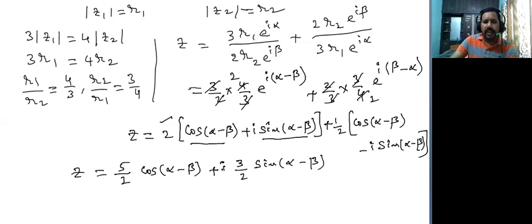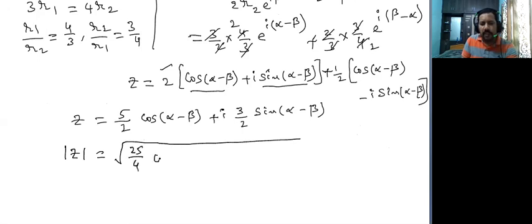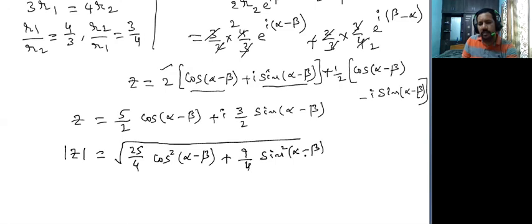Now we are going to find the modulus of z. Mod z is equal to under root 25 divided by 4 cos square alpha minus beta plus 9 by 4 sine square alpha minus beta. Okay, now sine square theta value.